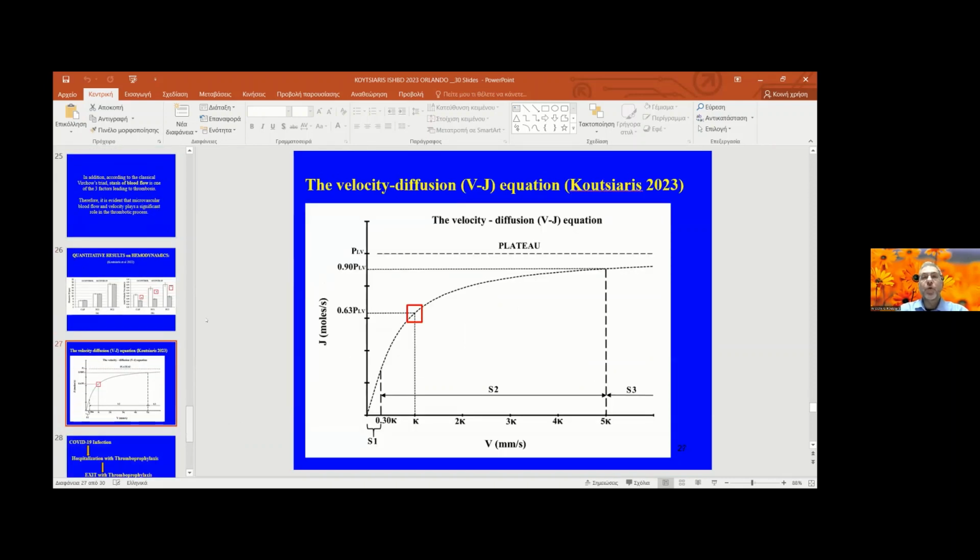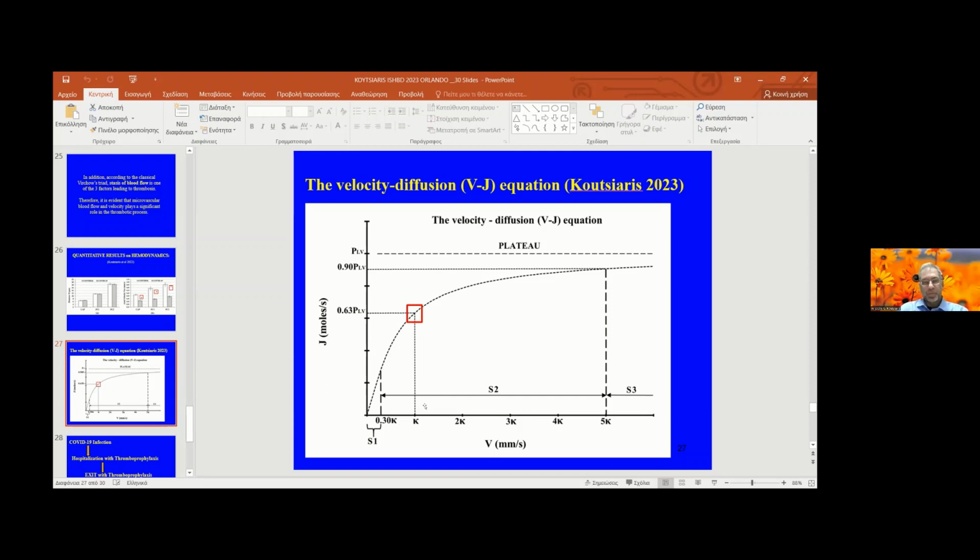the velocity diffusion equation, a relatively new equation that was proposed recently in 2023, but is based on the famous flow velocity equation. As you can see, for each microvessel, there is a velocity at the equilibrium, which corresponds to a diffusion of substances also at the equilibrium.